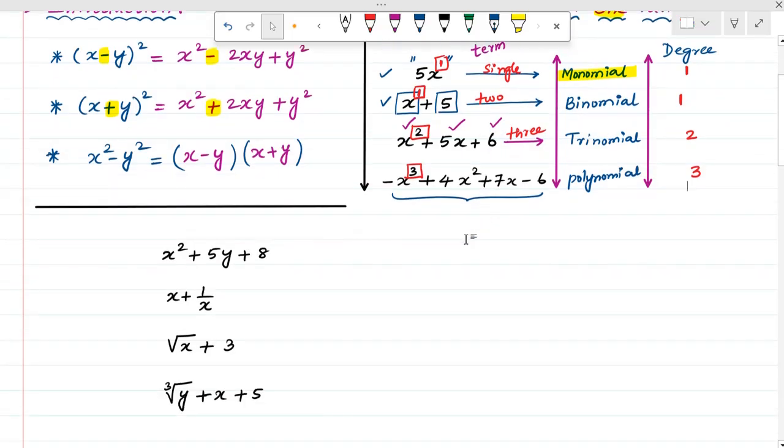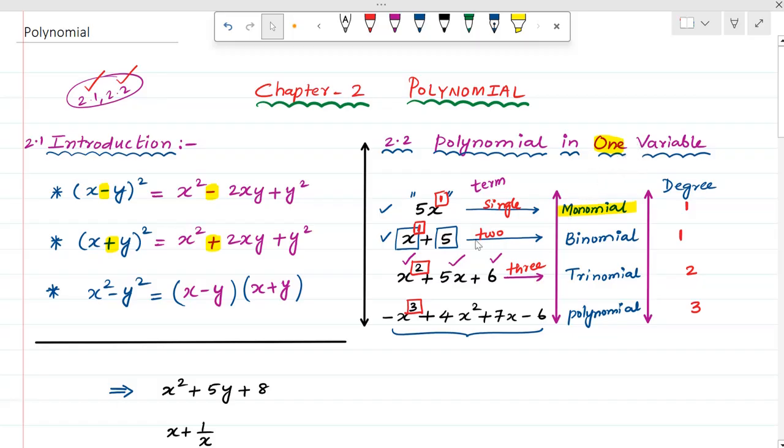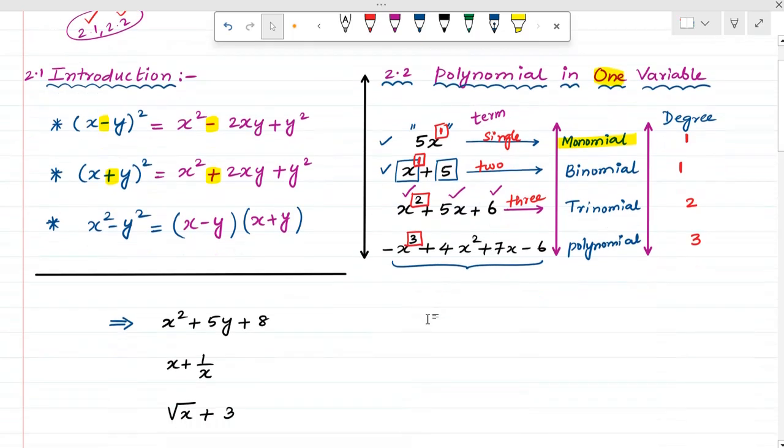Now let us start with this one. Now this is a polynomial. Is it a polynomial? No. Why? Because we are discussing polynomials in one variable. Here in all the cases you will have only x. There is no other variable like y or z. So here, if you see this one, you have two variables, x and y.